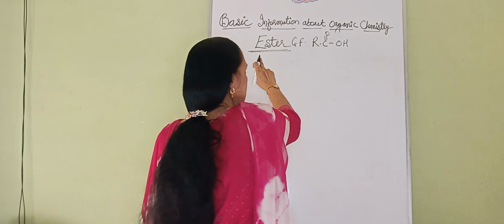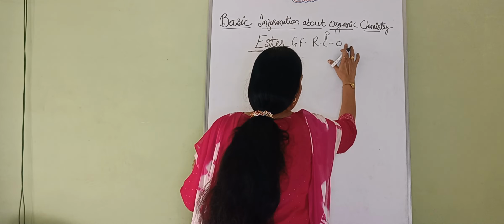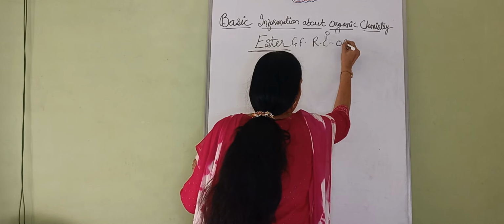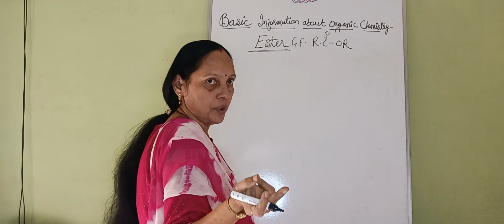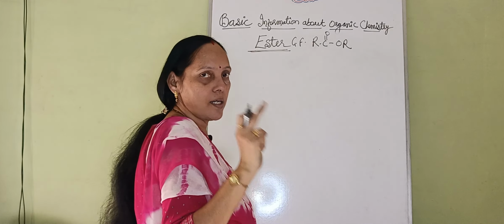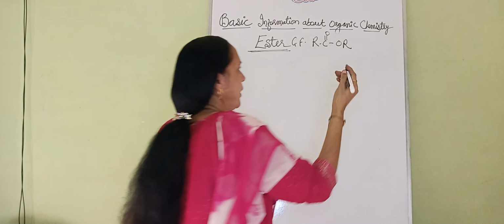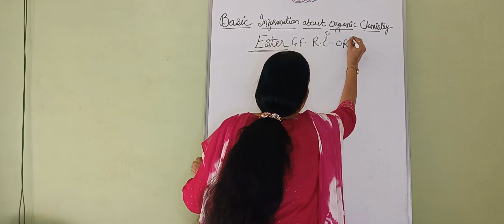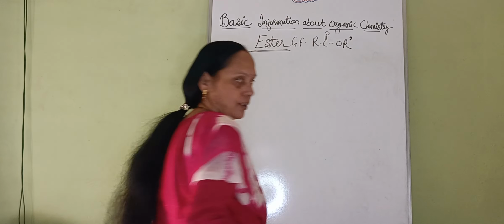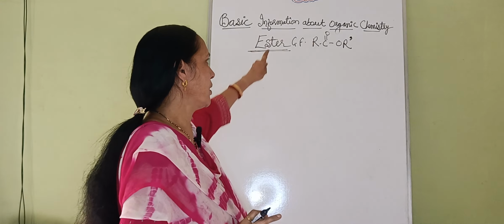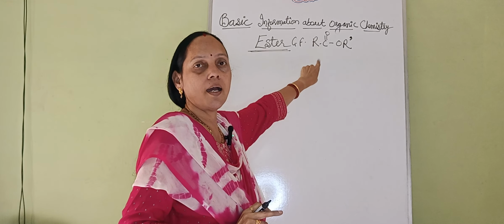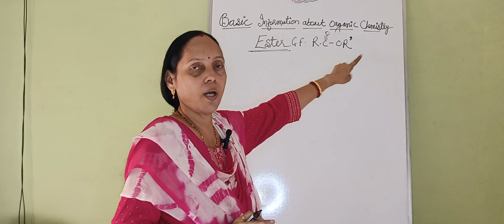If we see the ester, this particular H is replaced by another alkyl group. So the general formula is RC double bond OOR, with a second alkyl group. Instead of writing R, I will write R dash. So the general formula for ester is RC double bond OOR dash.